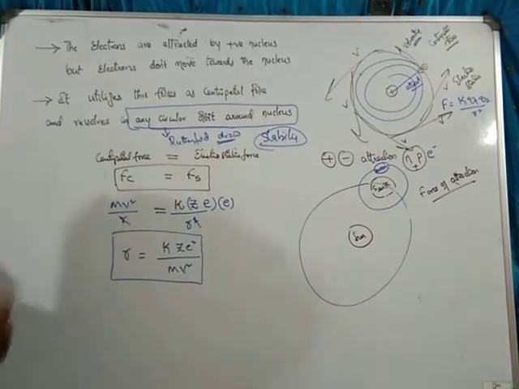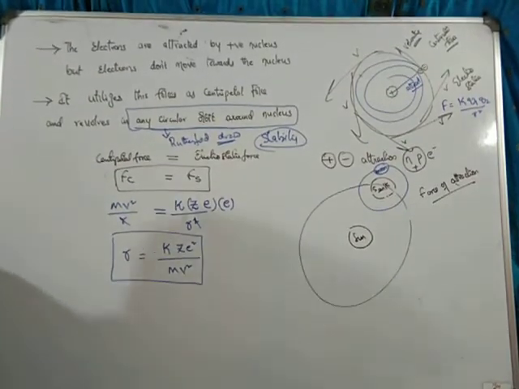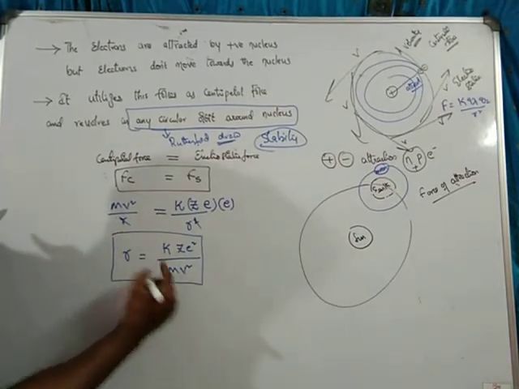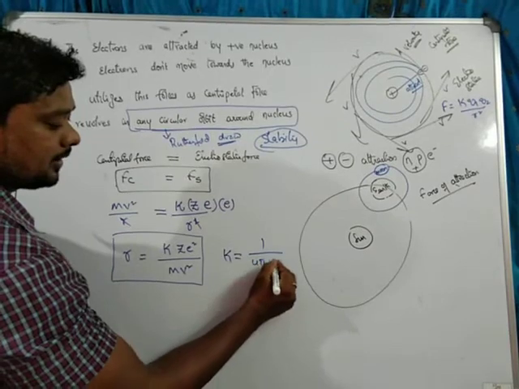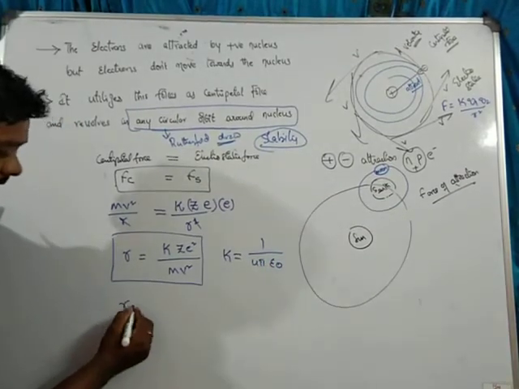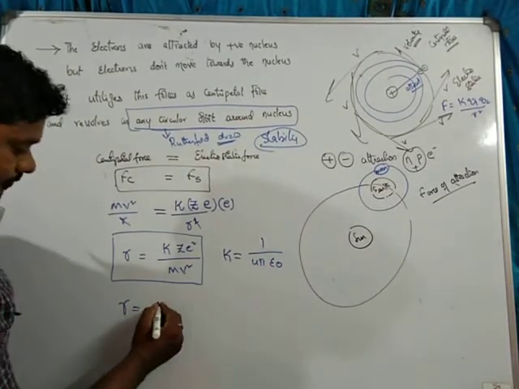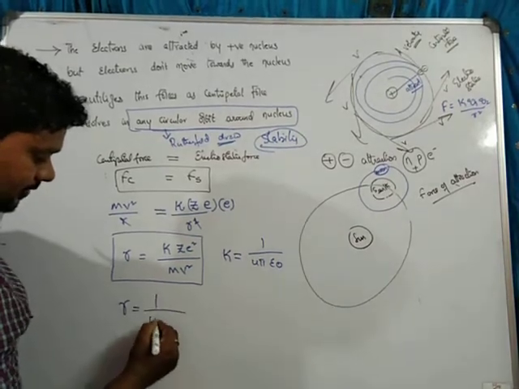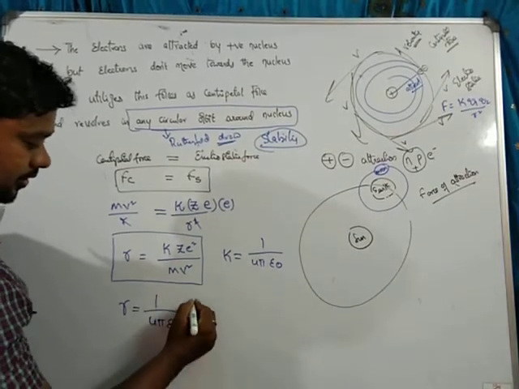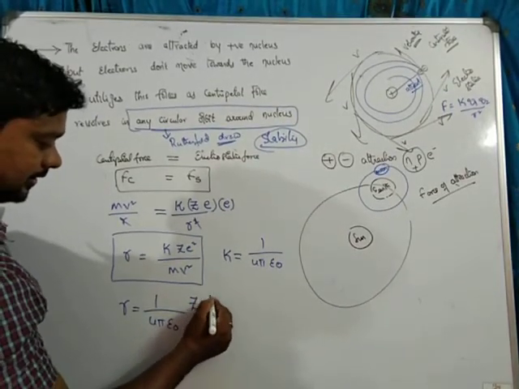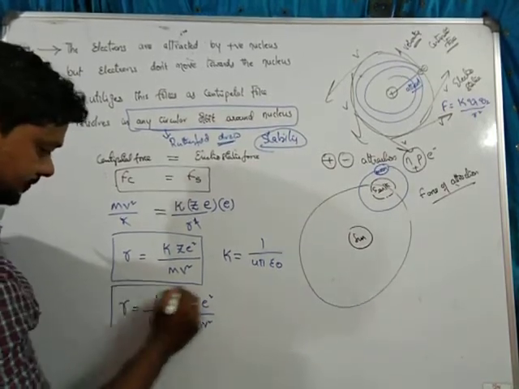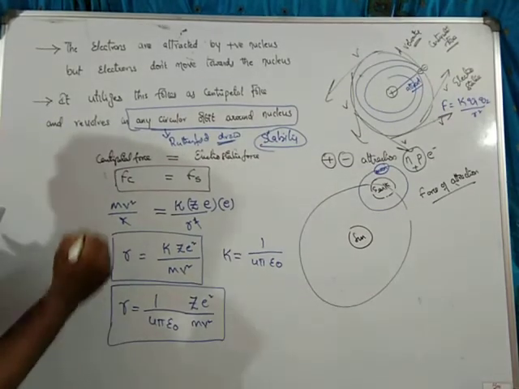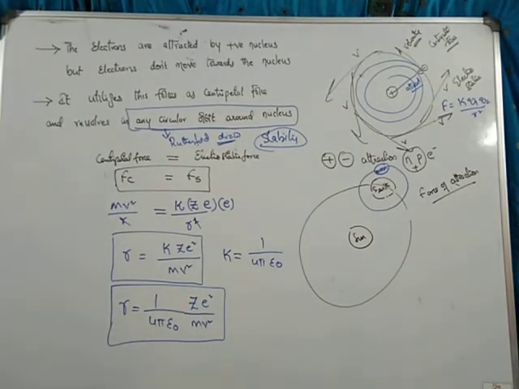This is the formula for R. And already we know the value of the constant K, which we said is 1 by 4 pi epsilon naught. So R equals 1 by 4 pi epsilon naught, Z e square by m v square. This is the final point.